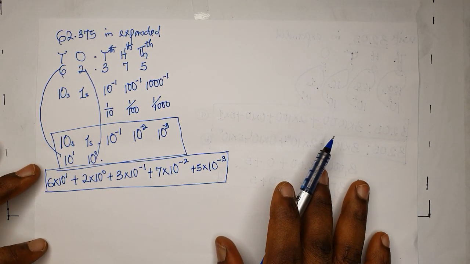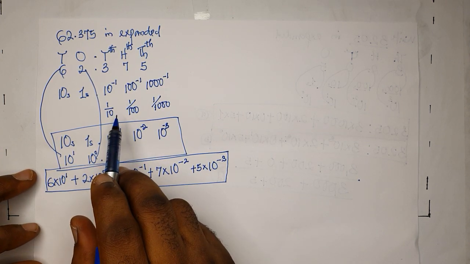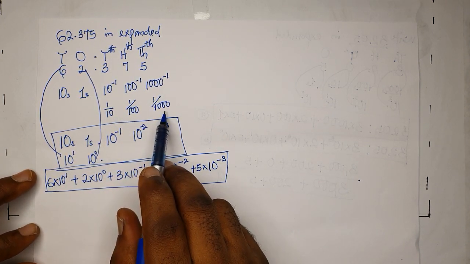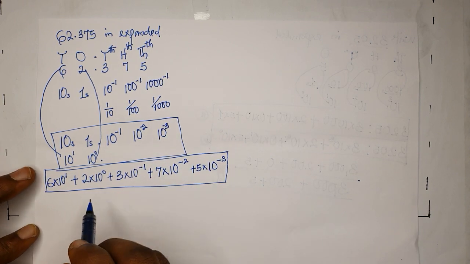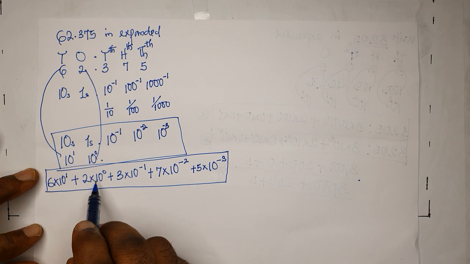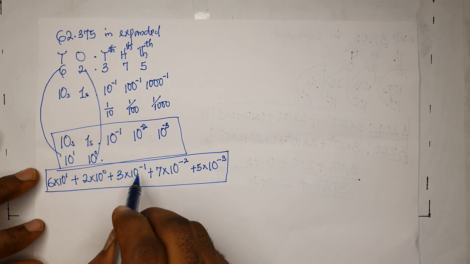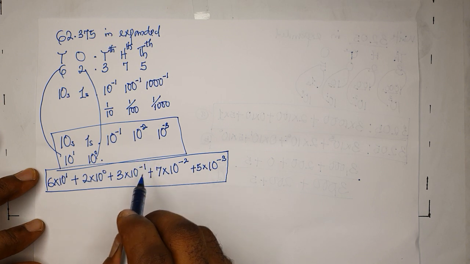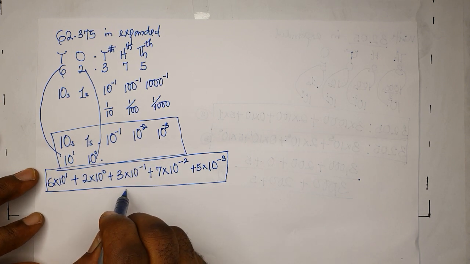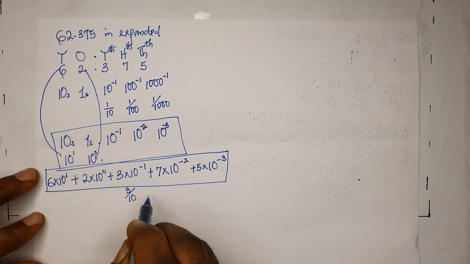One more thing you can do is to choose to express it in fraction form, that is on the right hand side here, which is going to be 6 times 10 to the power of 1, add 2 times 10 to the power of 0, add, instead of writing 3 times 10 to the power of negative 1, this will now change to 3 upon 10, that is 3/10.